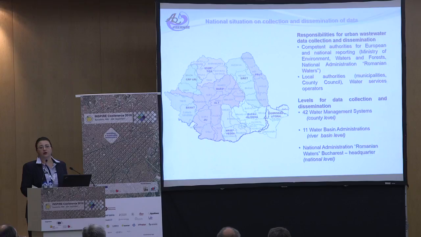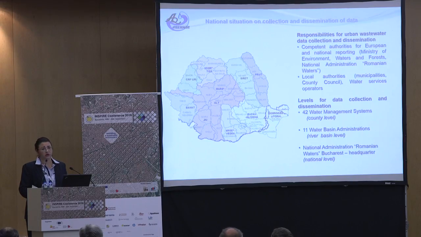Romania has 11 river basins, and corresponding to that, we have 11 water basin administrations. At this level, our colleagues receive this data from the local authorities, and they check it from the technical point of view and validate this data. After that, they send it to the national level.